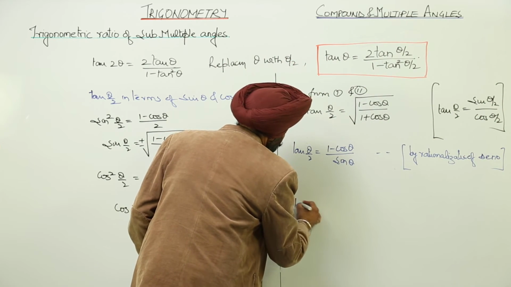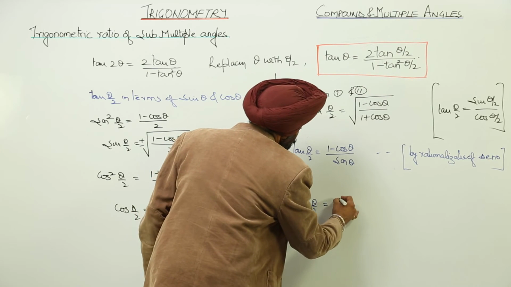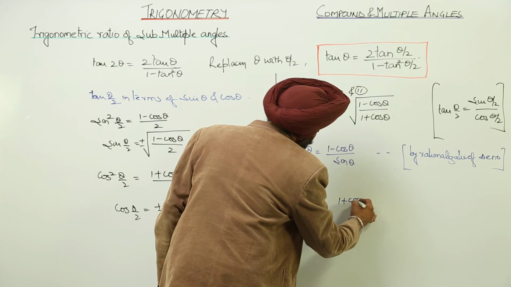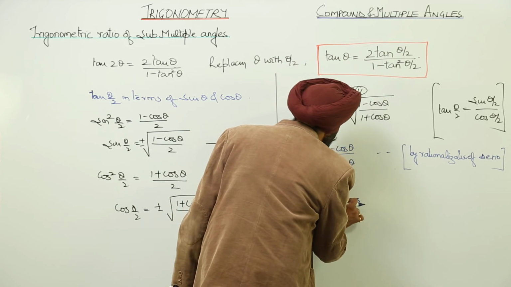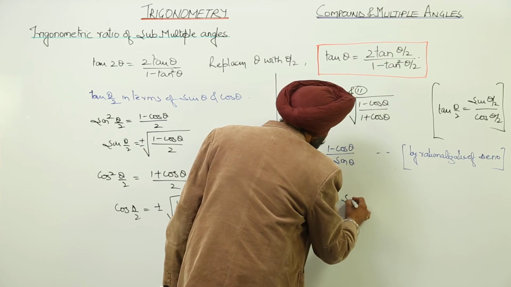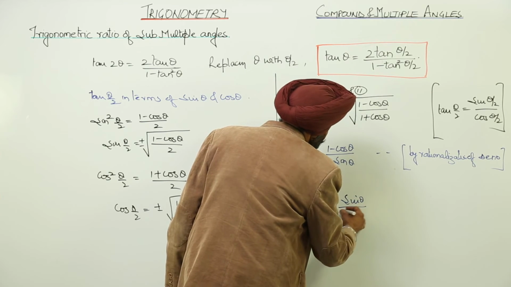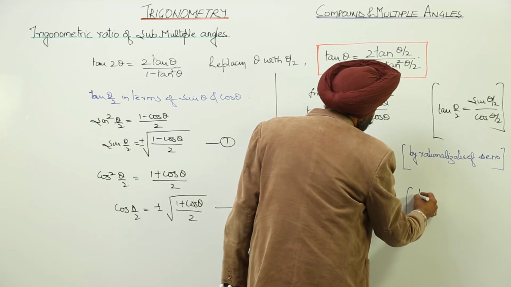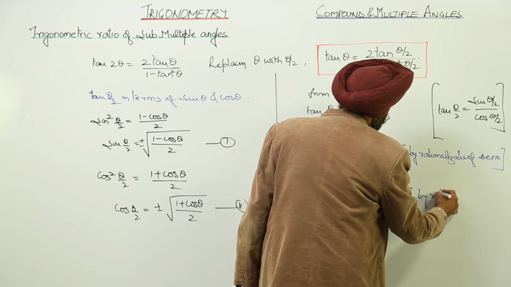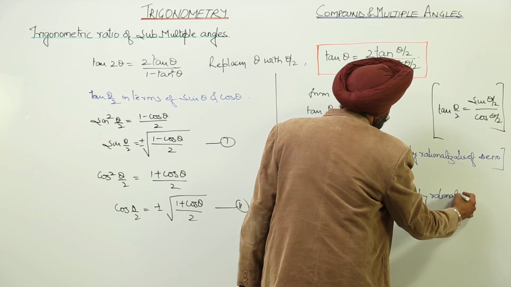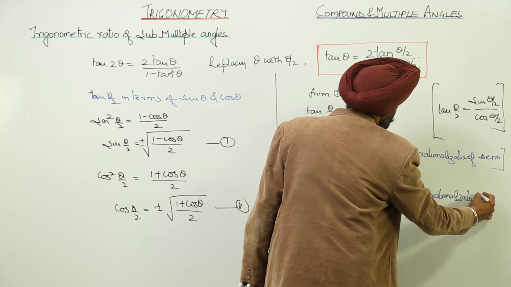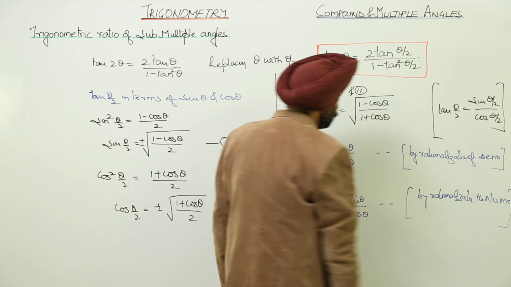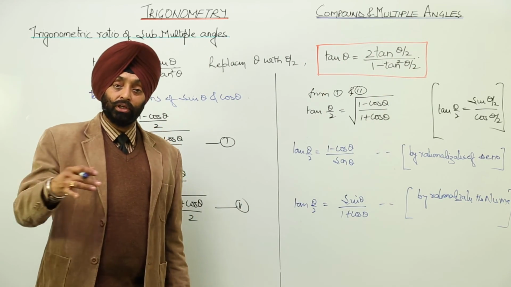Now tan theta by 2 is equal to sin theta upon 1 plus cos theta, by rationalization of the numerator.